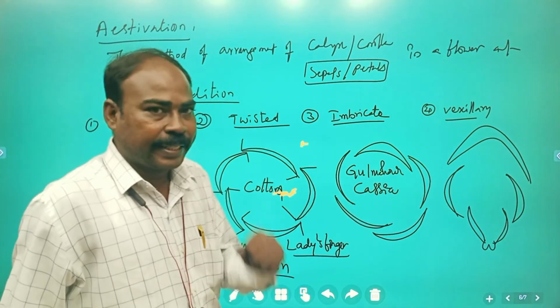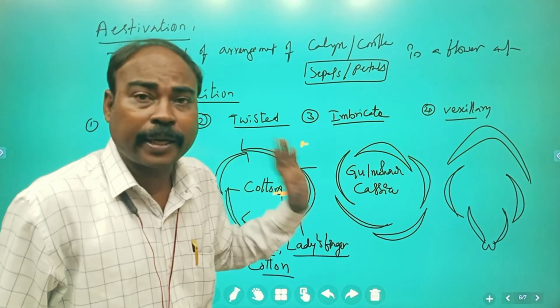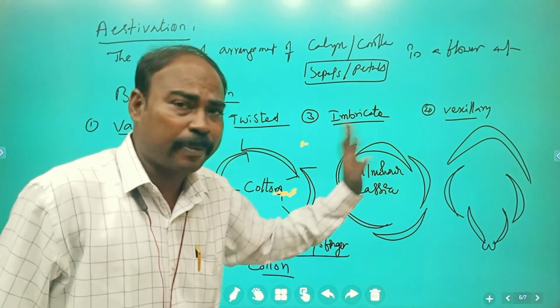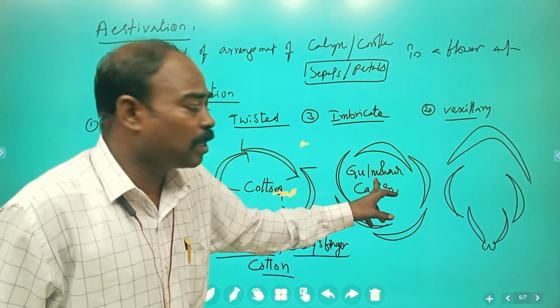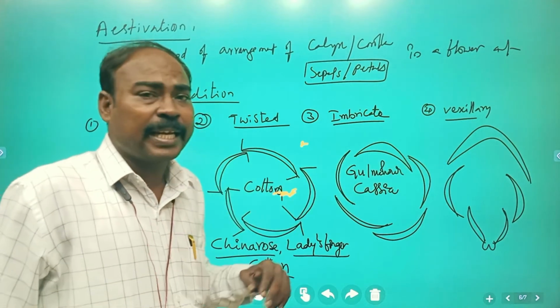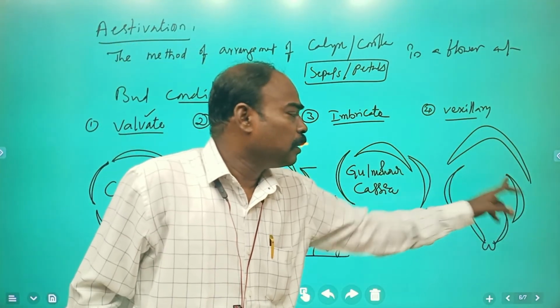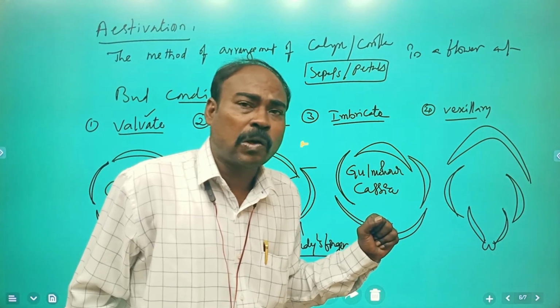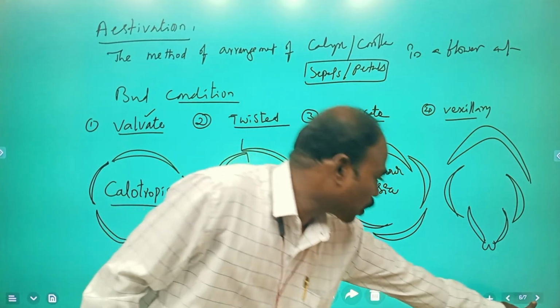Then imbricate. Here overlapping is not in a definite order, but overlapping was seen. Irregular overlapping was seen in imbricate. Example, Gulmohar and Cassia. Whereas vexillary is found where a standard petal overlaps the two lateral petals, called wing petals, which then overlap the keel petals, right?